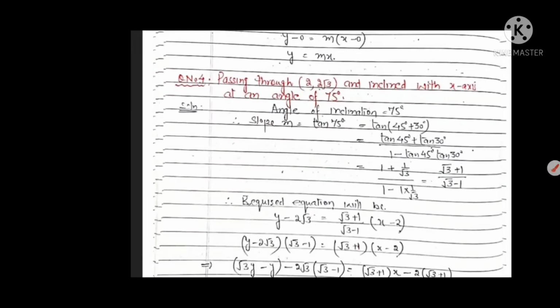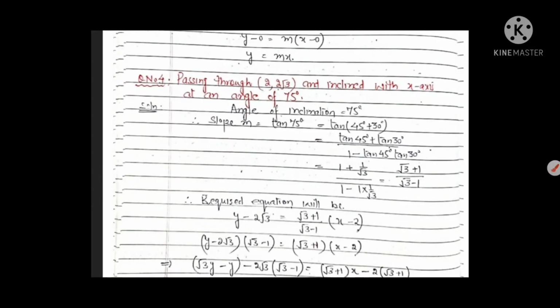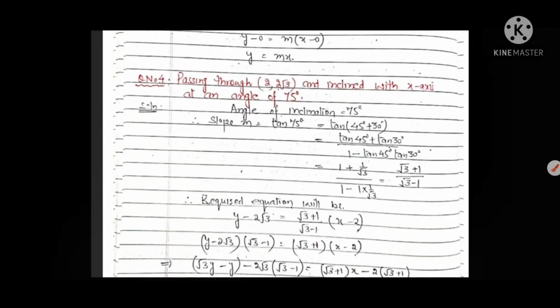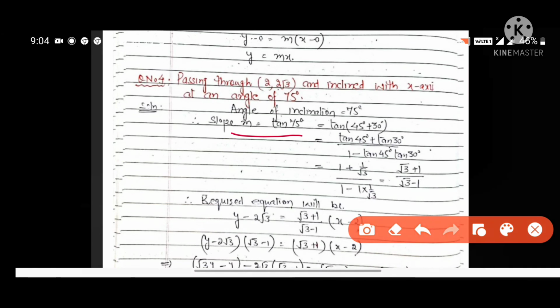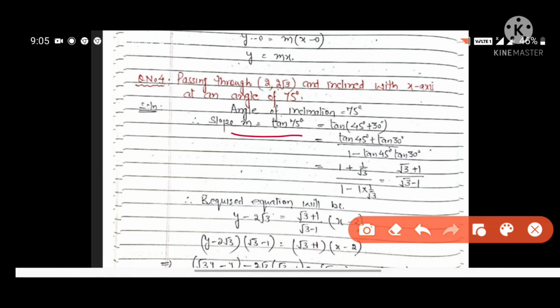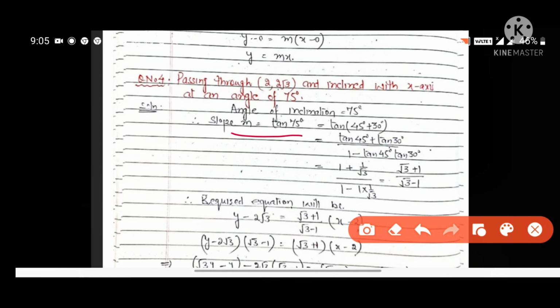Next question. Passing through the point (2, 2√3) and inclined with x-axis at an angle of 75 degrees. Now for slope, we have to find m is equal to tan 75 degrees, that is tan of 45 plus 30 degrees.